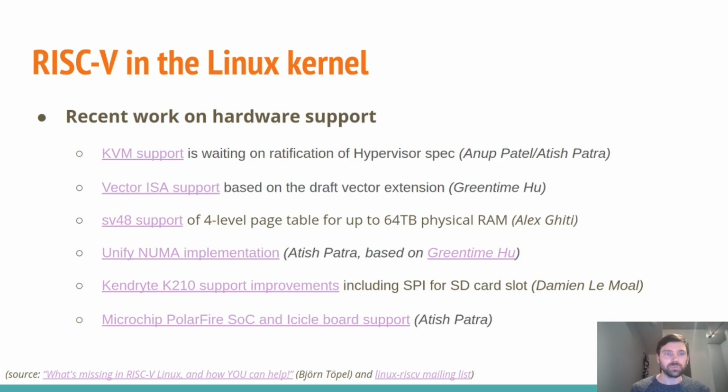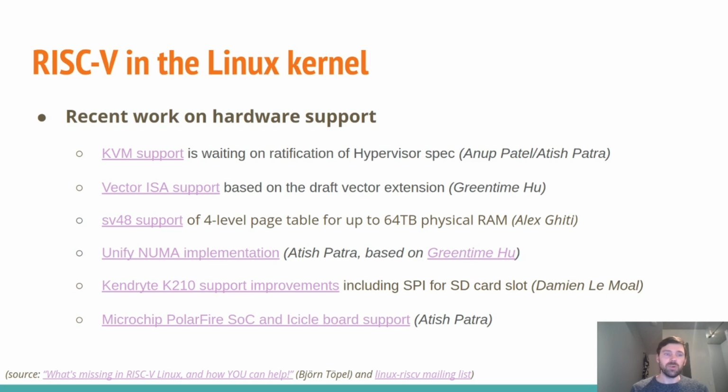The recent work on hardware support includes KVM. KVM is basically complete now. It's just waiting on the ratification of that hypervisor specification. There's also support being worked on for the Vector ISA, which is also a draft extension that has pretty exciting capabilities in terms of doing heavier processing in RISC-V.